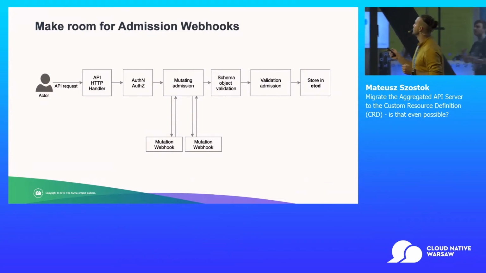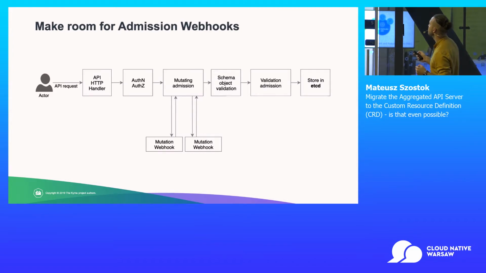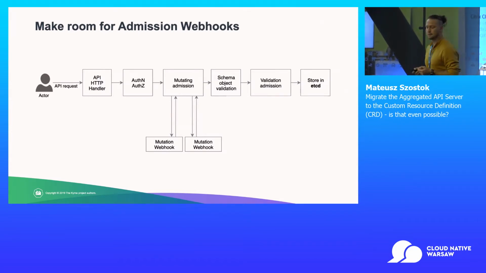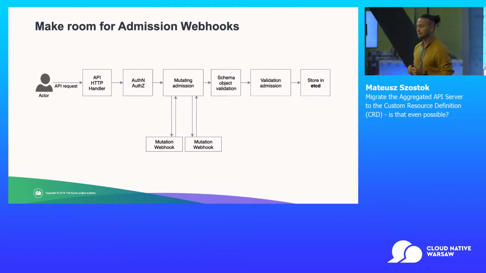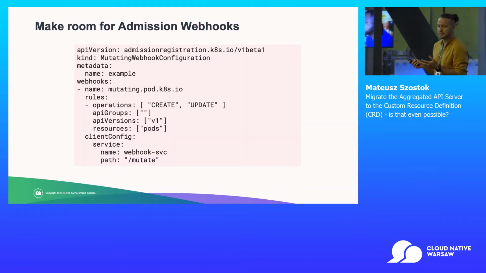How does it behave? Basically, you can register a mutation webhook. The API server will send you a payload for the resource that you subscribe to. You can mutate that manifest and send a patch back to the API server. Each webhook will be executed one by one. How to register such a webhook is really simple.